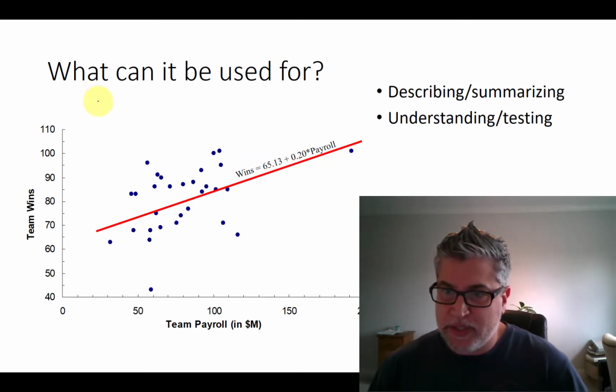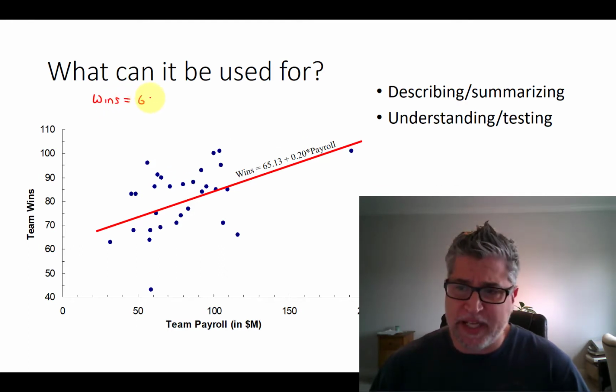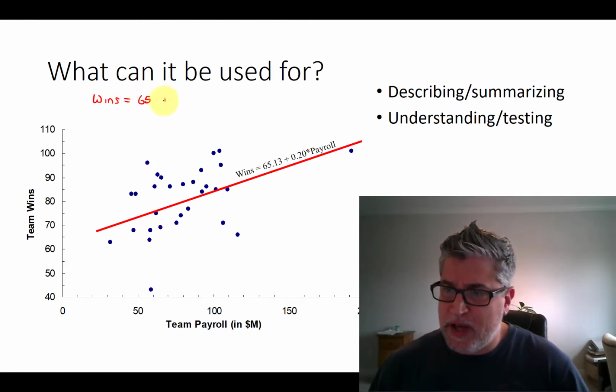So we have wins is equal to, I'm going to drop the decimals, 65 plus 0.20 payroll.